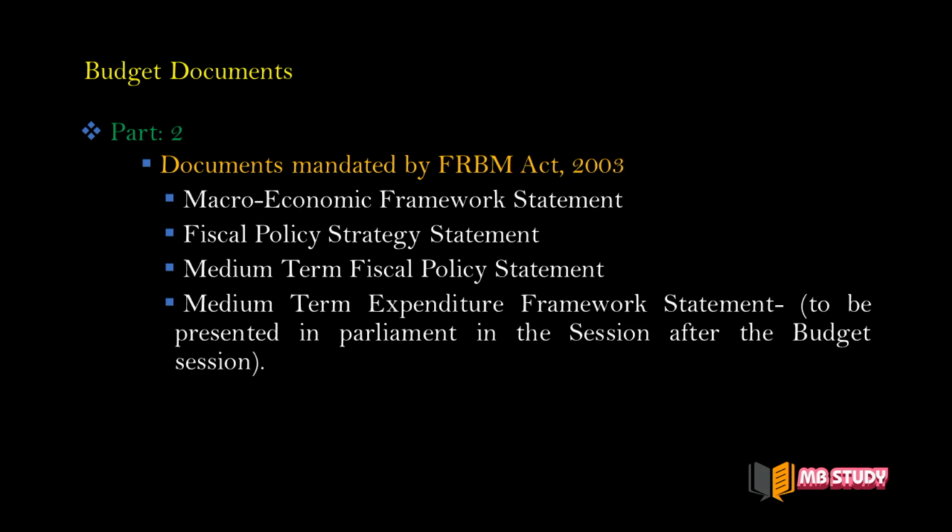Documents mandated by the FRBM Act, 2003: Macroeconomic Framework Statement. Fiscal Policy Strategy Statement. Medium-term Fiscal Policy Statement. Medium-term Expenditure Framework Statement, to be presented in Parliament in the session after the budget session.